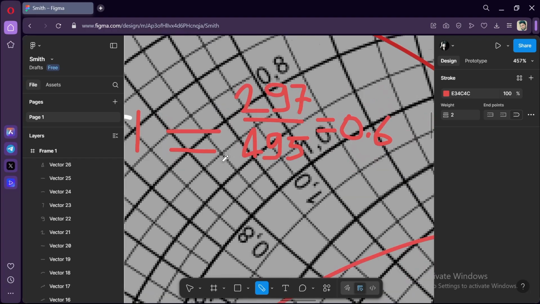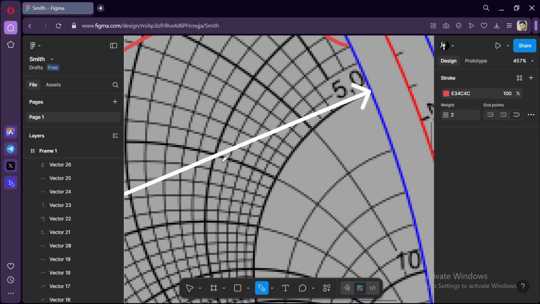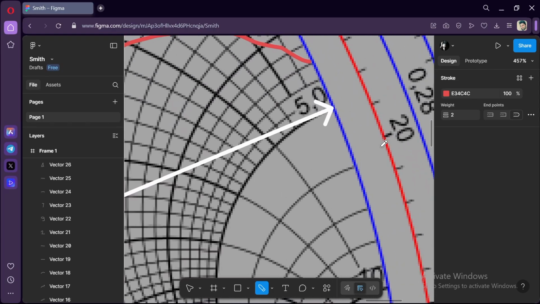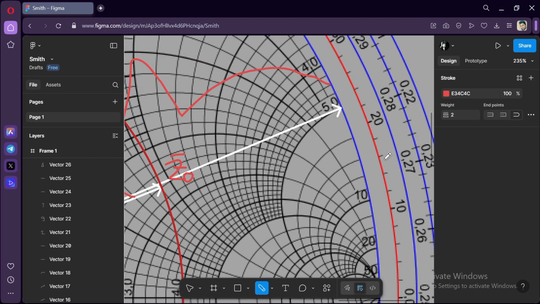By the way, this is the magnitude. Also, we need the degree. The Smith chart is already given the degree. This is the degree values. It's 20 degrees here.